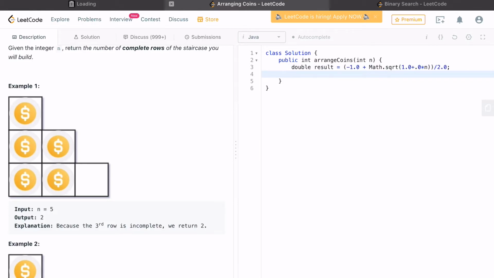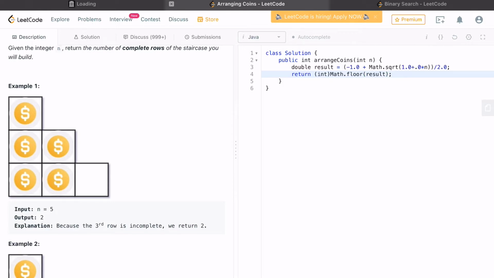Then that will give you the result in double. So we have to return the int value. So I will convert this into an int and get the lower int value and return the result like this.